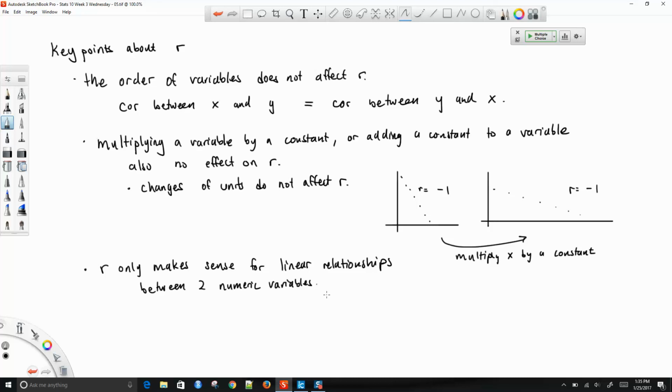And again, how do we tell if something is linear? We make a scatter plot. And then r can be greatly affected by outliers. So these are just some ideas here.